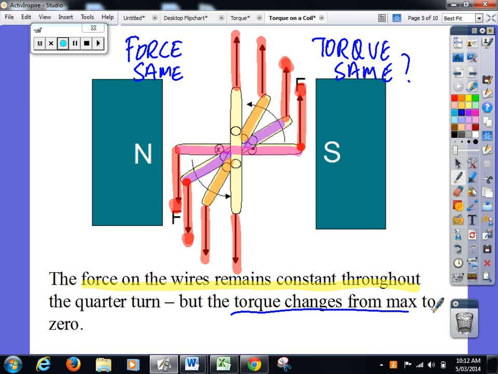Good, excellent. Torque is related to force, isn't it? Torque is F d times sine theta, where theta is the angle made at the ends. So, though the force is the same, the torque goes from maximum where it's directly horizontal there, to 0 at the top.